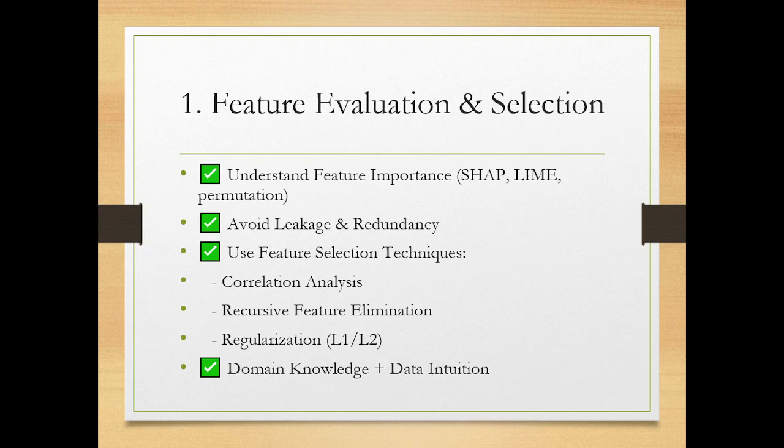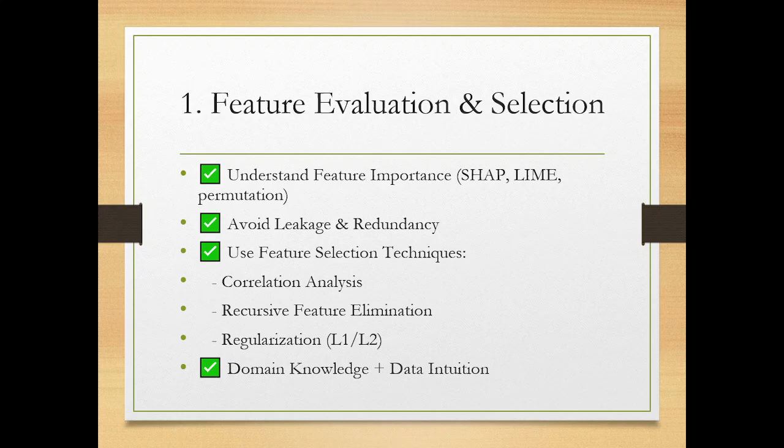Then we can compare the model performance that is already there. All these will help us understand if we are moving in the right direction. We can also get the right set of features with correlation analysis, RFE (recursive feature elimination), and regularization. Apart from that, domain knowledge and data intuition will also help us get the right set of features.